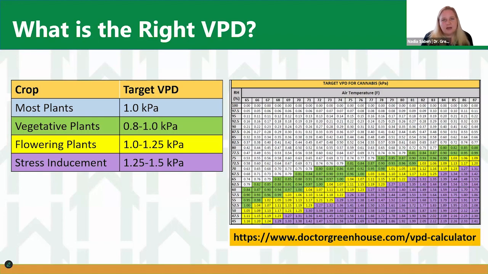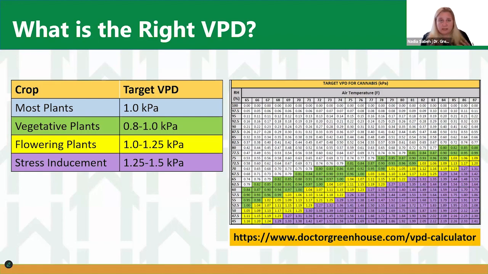In most cases, I recommend targeting a VPD of 1 kilopascal. For most crops, this is a great place to start. It is going to support both vegetative and fruiting, flowering growth. So if you can get to 1 kilopascal, you are doing great.